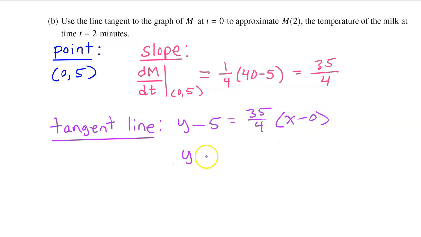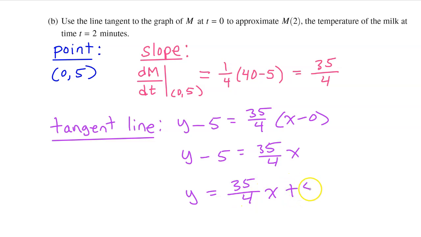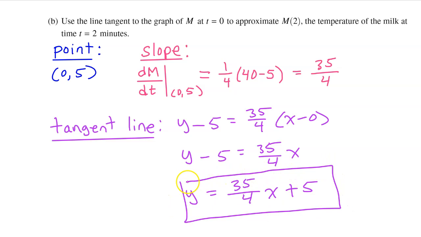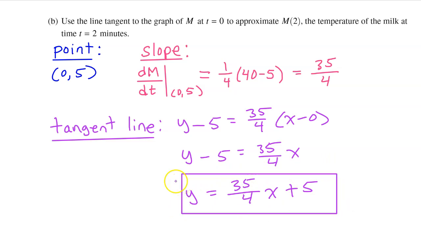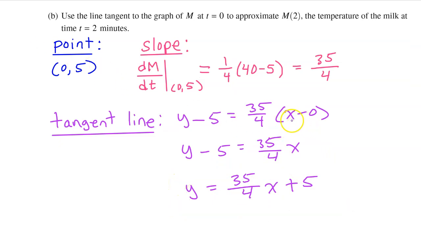Simplifying this a little bit, we have y minus 5 is equal to 35/4 x, and adding 5 to both sides, we get y equals 35/4 times x plus 5. So this is our tangent line equation. One small correction. Instead of x and y, we should be using the variables t and m.